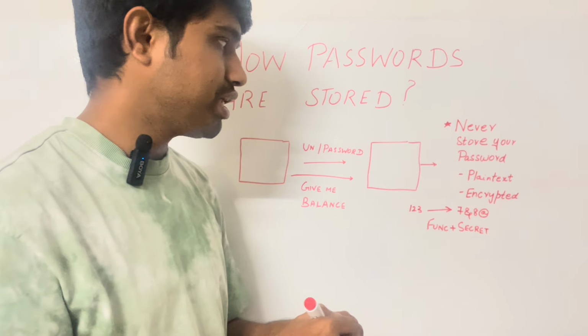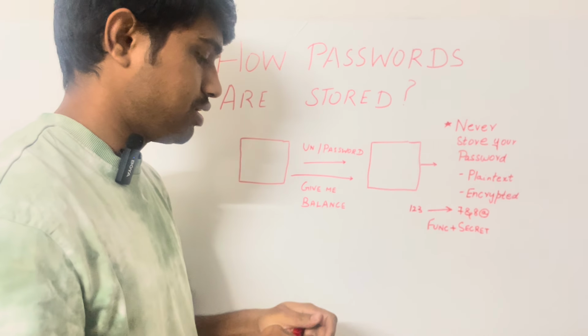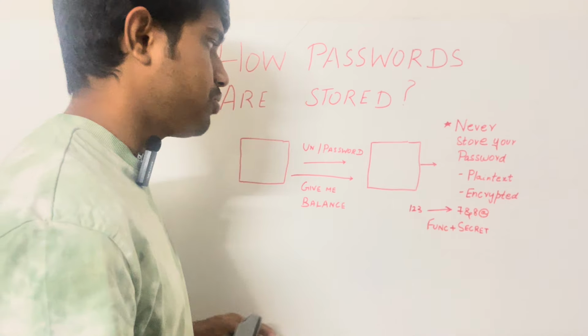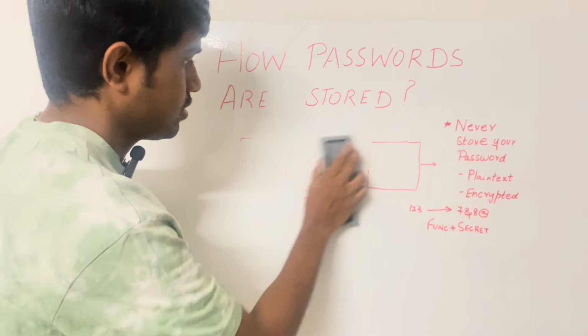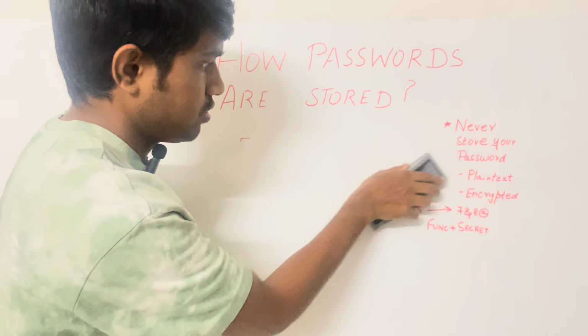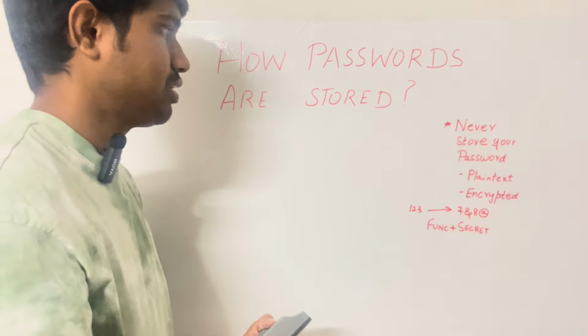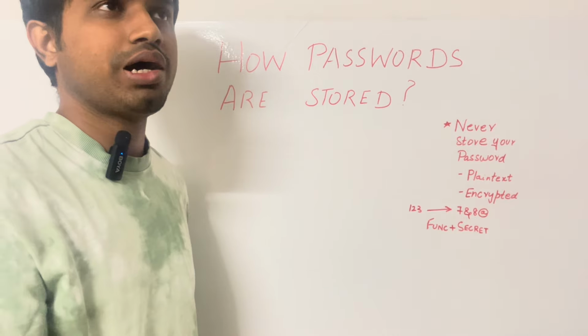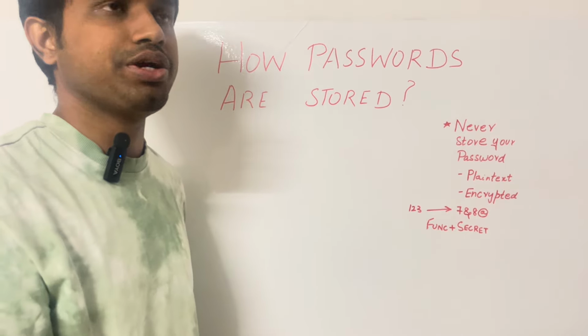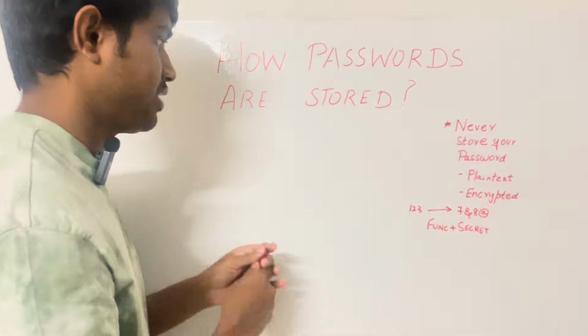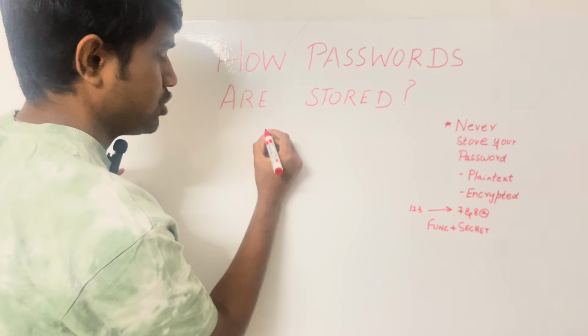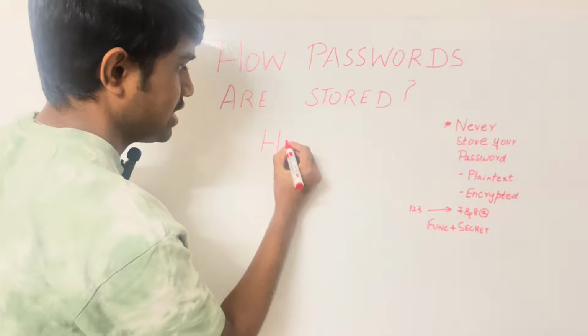So for this, the approach that came is hashing. I would have explained hashing in another video in general, but this is one of the main use cases of hashing.